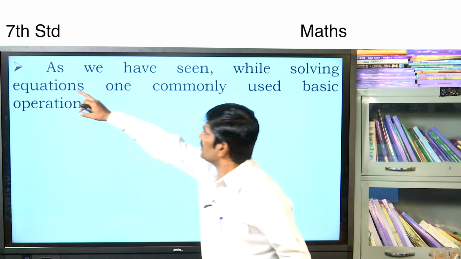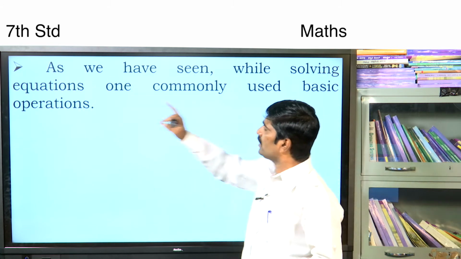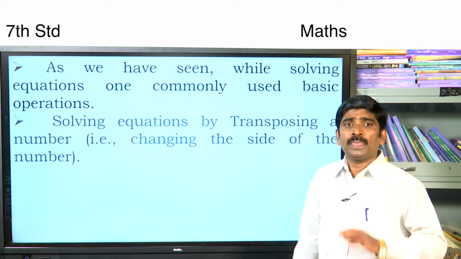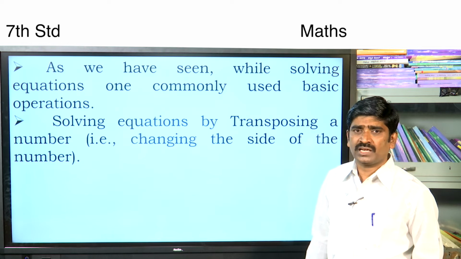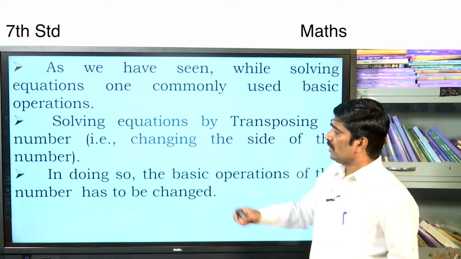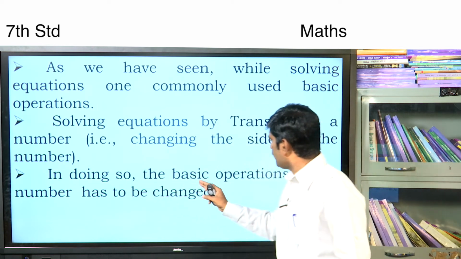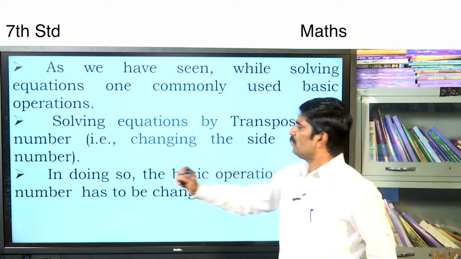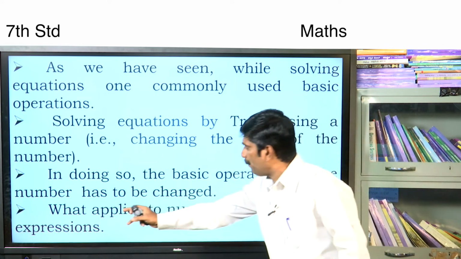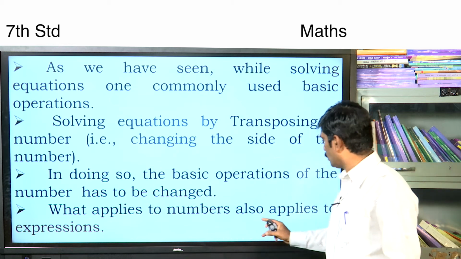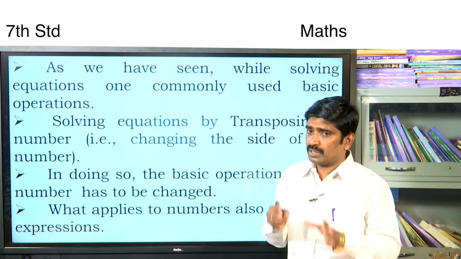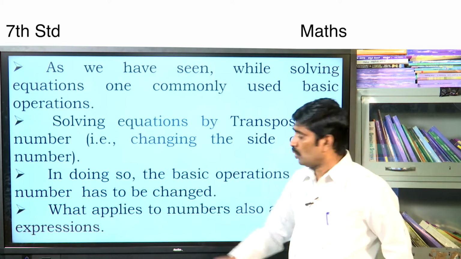Next, as we have seen while solving an equation, one commonly used basic operation is transposing a number, that is changing the side of the number. In doing so, the basic operation of the number has to be changed. What applies to numbers also applies to expressions. We have applied it for numbers, and it is applied also for expressions.